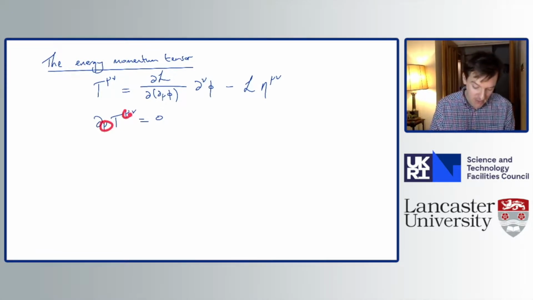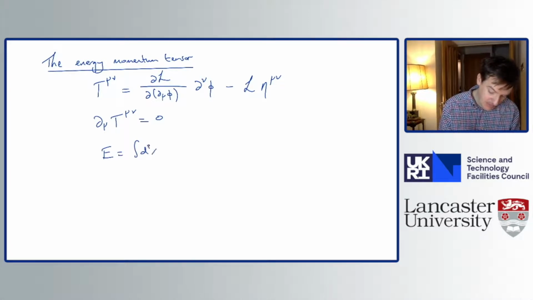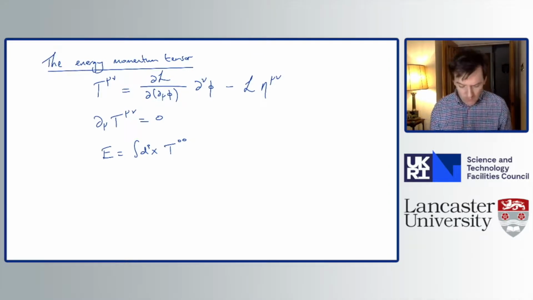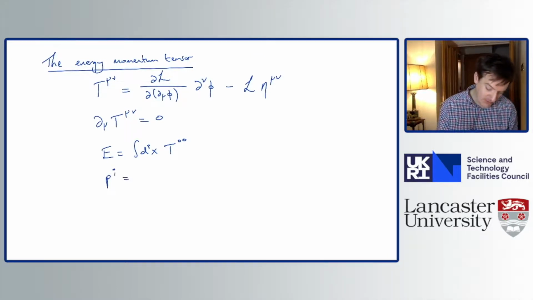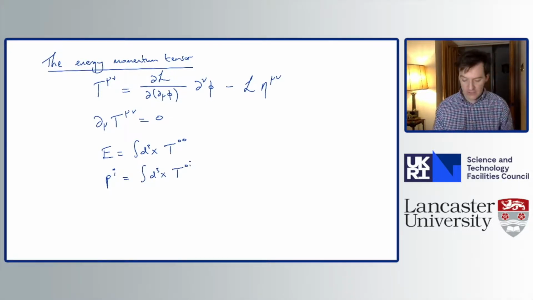You'll notice I've repeated indices mu, but eta is free here. So eta takes the value of 0, 1, 2, and 3, so I get four separate conserved equations. And this is related to the energy and the momentum as follows. We get the energy by integrating T00 over d3x, and we get the three components of momentum by integrating T0i over d3x. T is symmetric, so you can do T0i or Ti0, you will get the same answer.